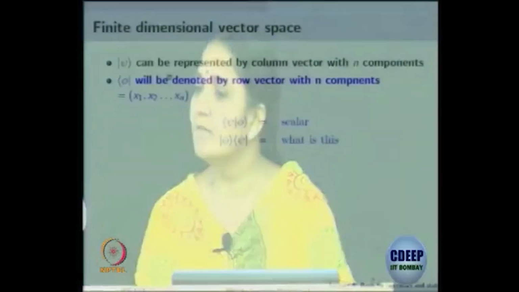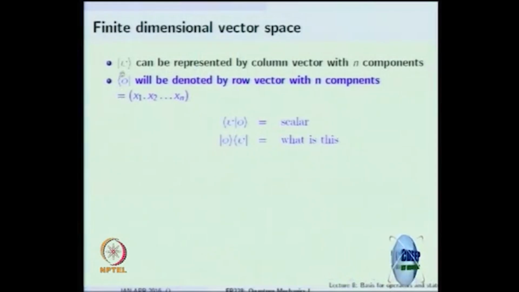If you represent the kets by column vectors and the bras by row vectors, the inner product is a scalar. This other angular bracket we will call an outer product.